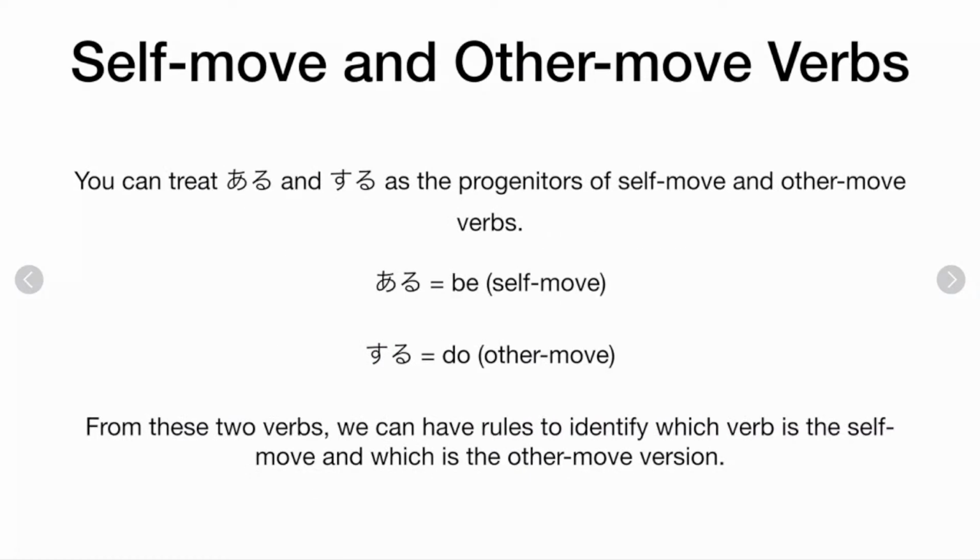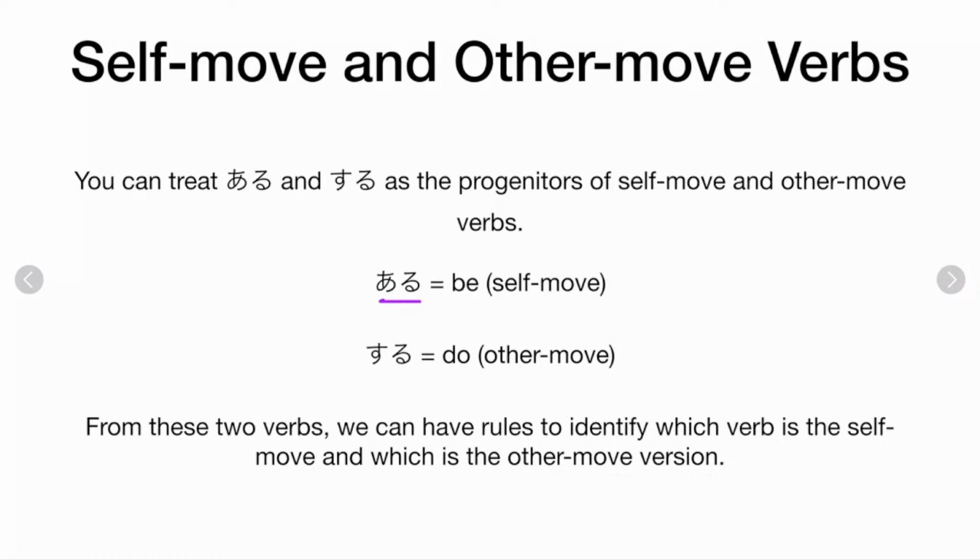So the way to think of this is like every self move verb kind of looks like aru in terms of how they work, right? So nani nani ga aru is something is, right? So every self move verb is going to follow a similar structure where it just does the thing.